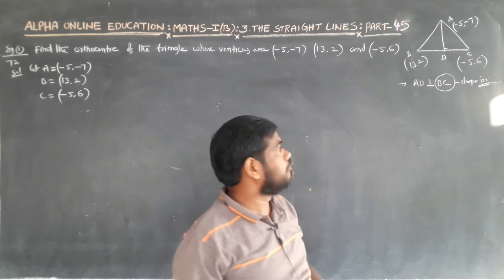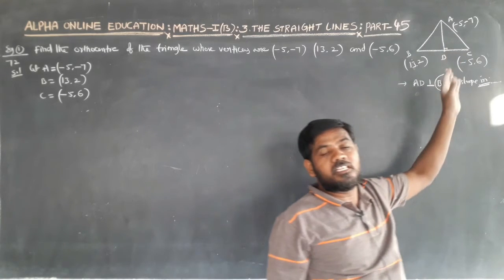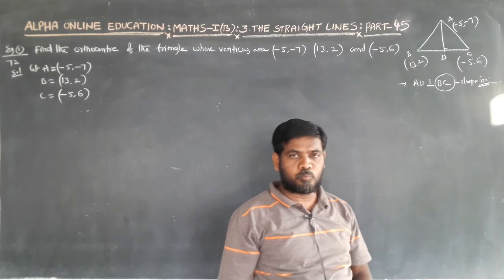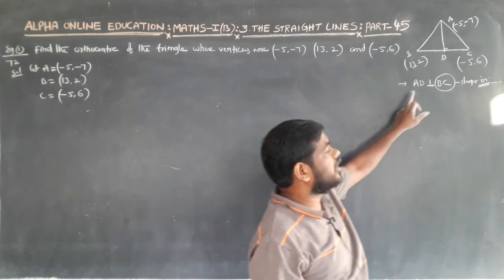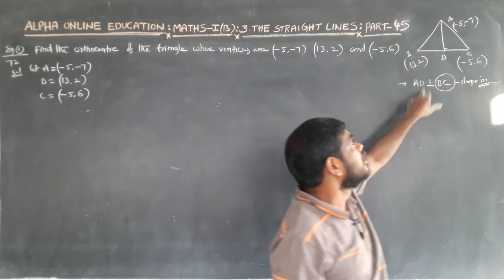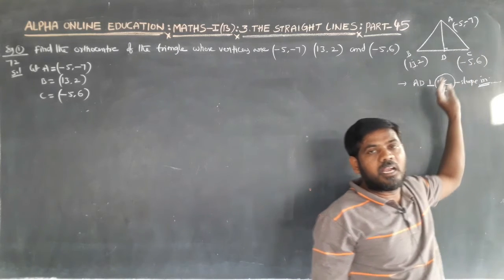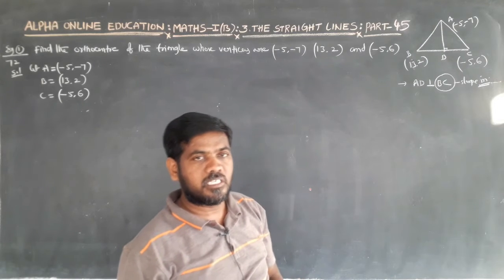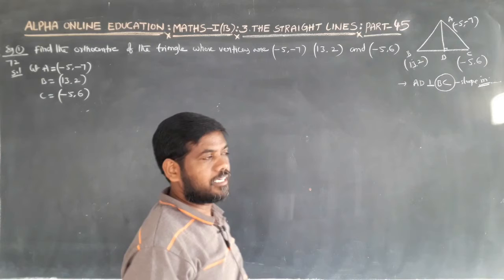Let the slope of BC be m. The slope of AD is minus 1 by m. The equation of AD passing through the point A (x1, y1) and having slope minus 1 by m is y minus y1 equals minus 1 by m into x minus x1.